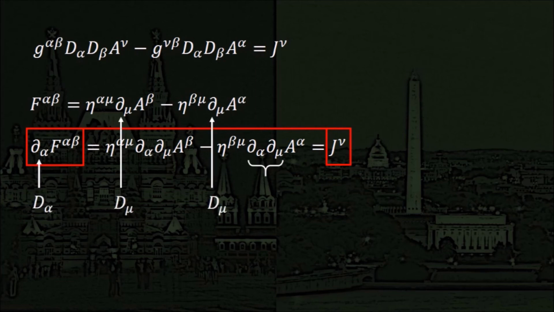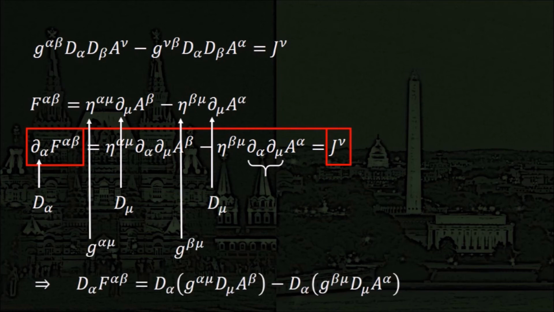Okay, let's return to the original equation and recall the definition of the electromagnetic tensor in Cartesian coordinates and flat spacetime. Two of the four Maxwell's equations follow from the divergence of F. Notice that in order to generalize this equation to arbitrary spacetimes, all we need to do is replace the ordinary derivative by the covariant derivatives and the flat spacetime metric with the general metric.